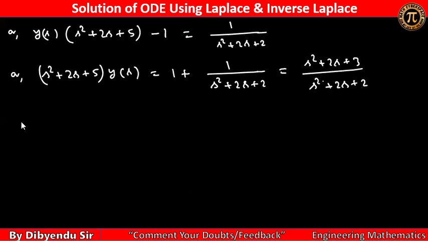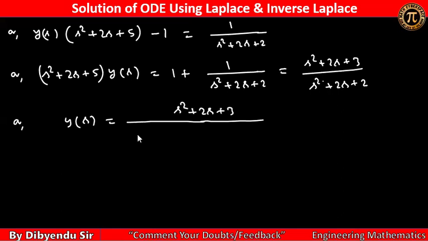So finally, what are you getting? Y(s) equals, the numerator is s squared plus 2s plus 3 and the denominator is (s squared plus 2s plus 2) into (s squared plus 2s plus 5).